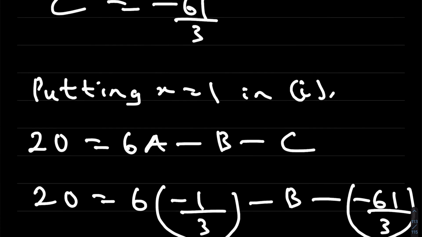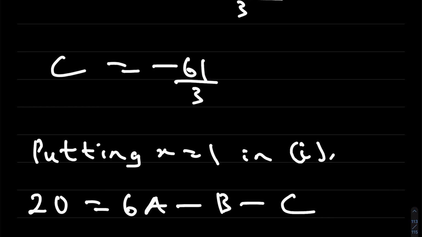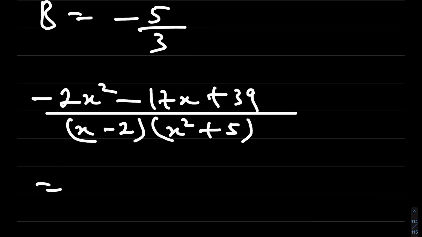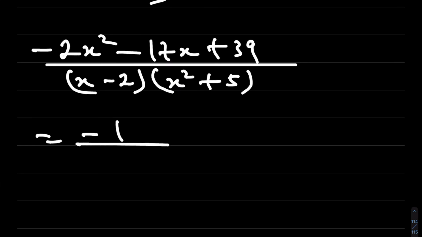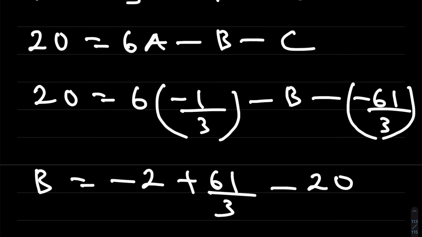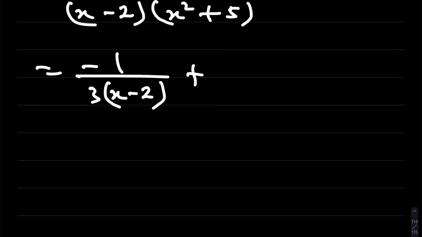X minus 2 times x squared plus 5 is equal to a, which is minus 1 over 3. So that minus 1 over 3 into bracket x minus 2 plus bx plus c. What's b? B is minus 5 over 3. And c is minus 61 over 3. This is what that's going to look like.